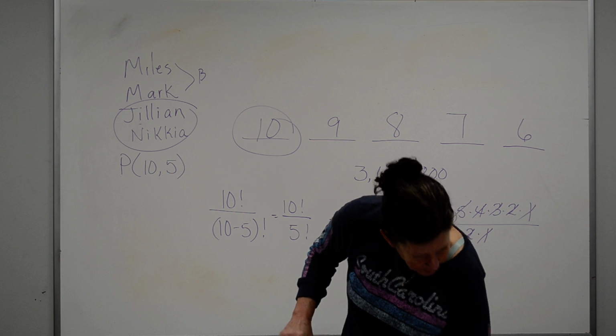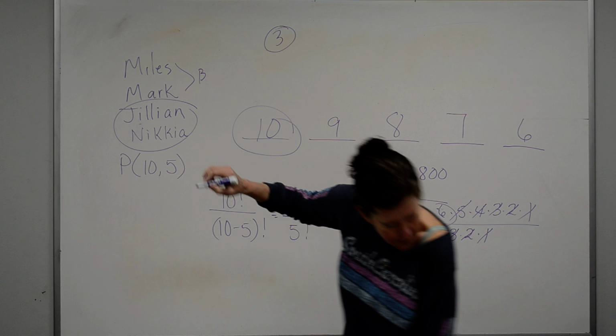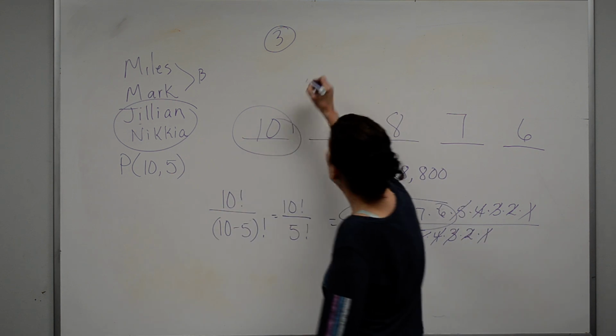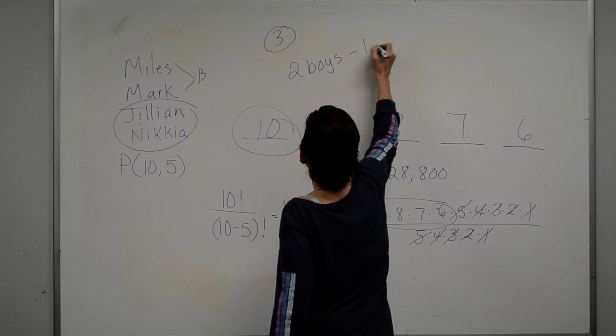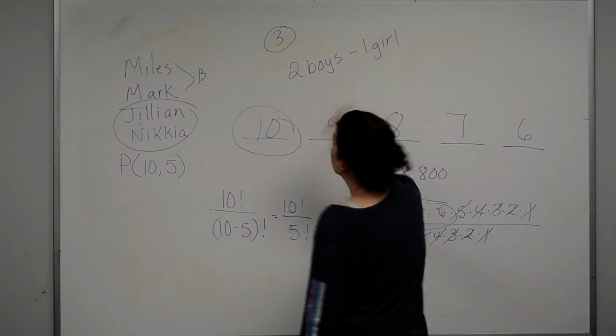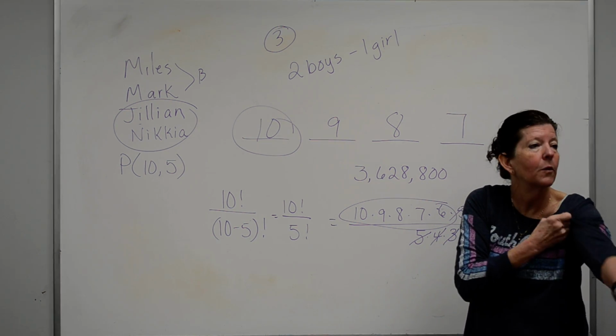And you want a committee of 3, you're selecting 3, and you want to know the number of ways you can get 2 boys and 1 girl. Okay, it's not a probability, just the number of ways that you can do that.